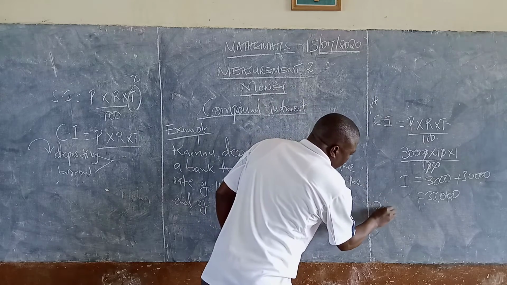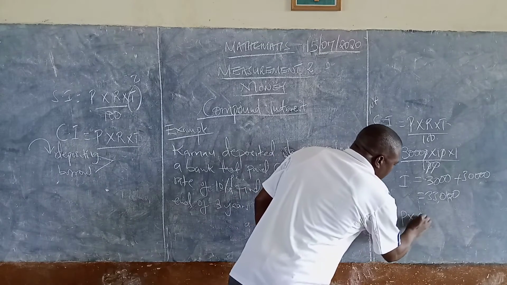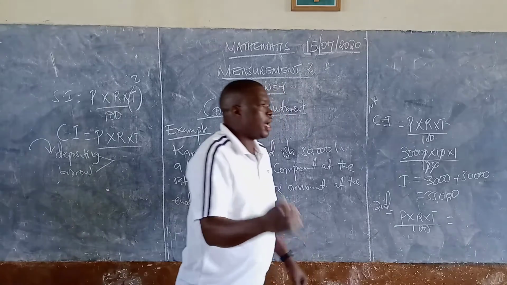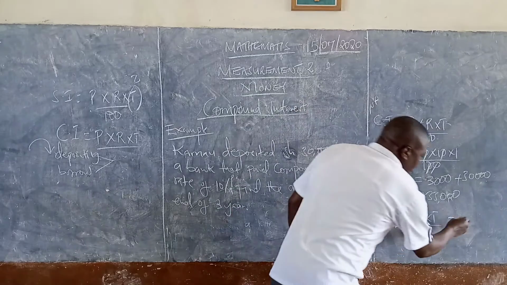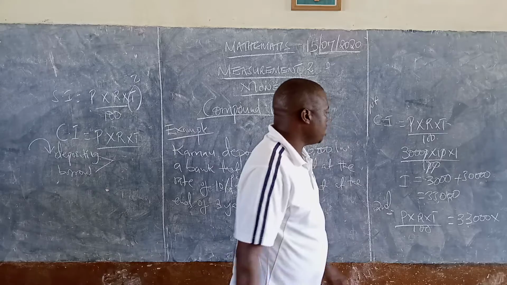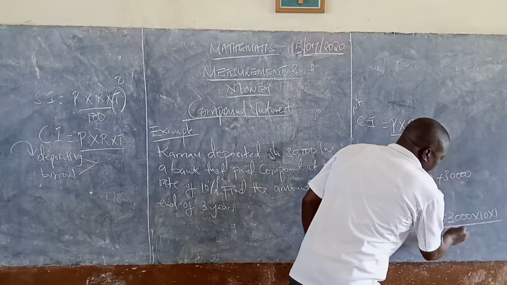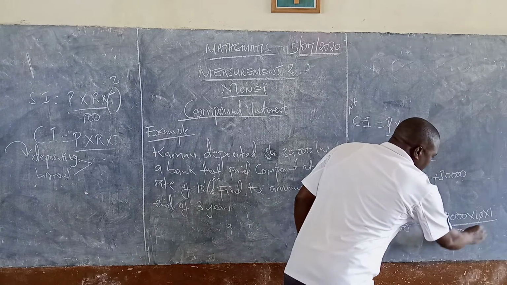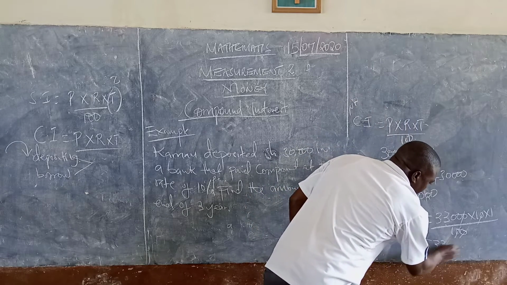The second year, again, it is principal times rate times time over 100. Remember, our principal has changed. It is no longer 30,000. It is now 33,000. Then we multiply by the rate, which is the same, 10 times 1 again over 100. So again, 0, 0, 0, and 0. So our new interest here is 3,300.